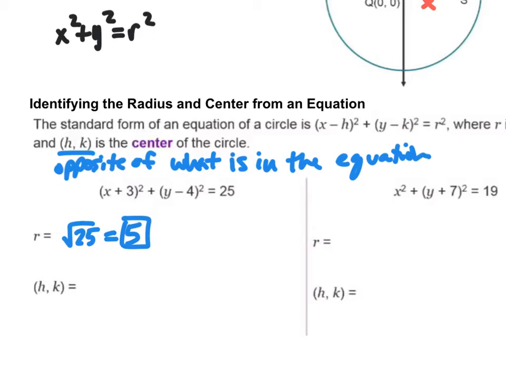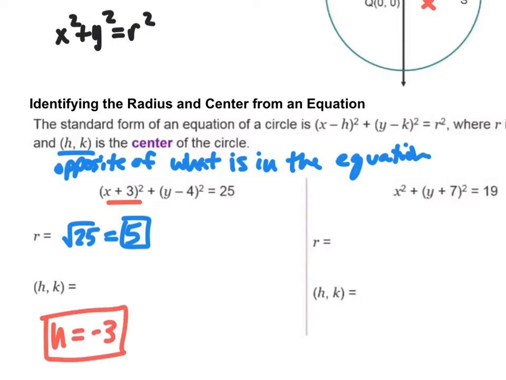Now my center can be determined by these two points here. If I look at x plus 3, my form says that this is x minus h, and so the value of h is opposite of what the sign is here. If I have x plus 3, h is equal to negative 3.